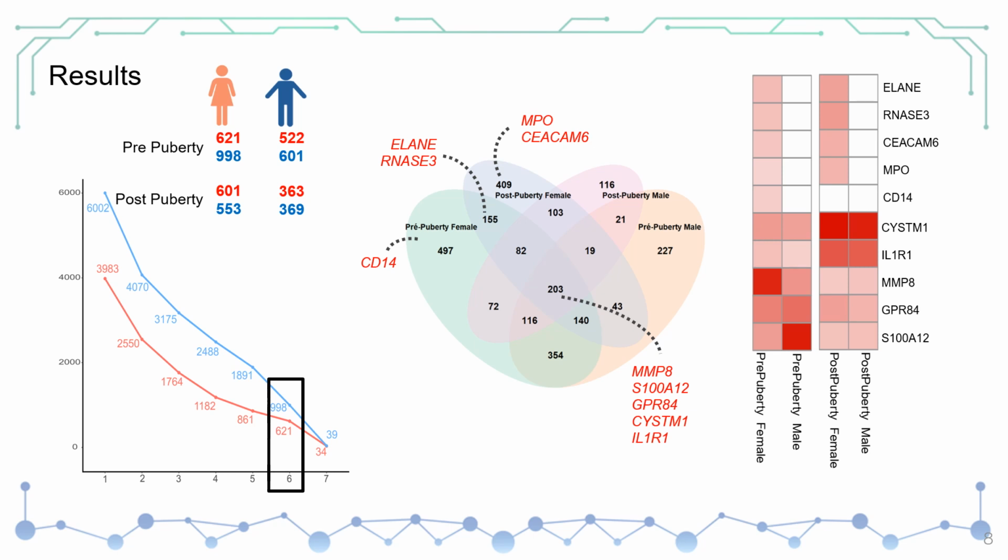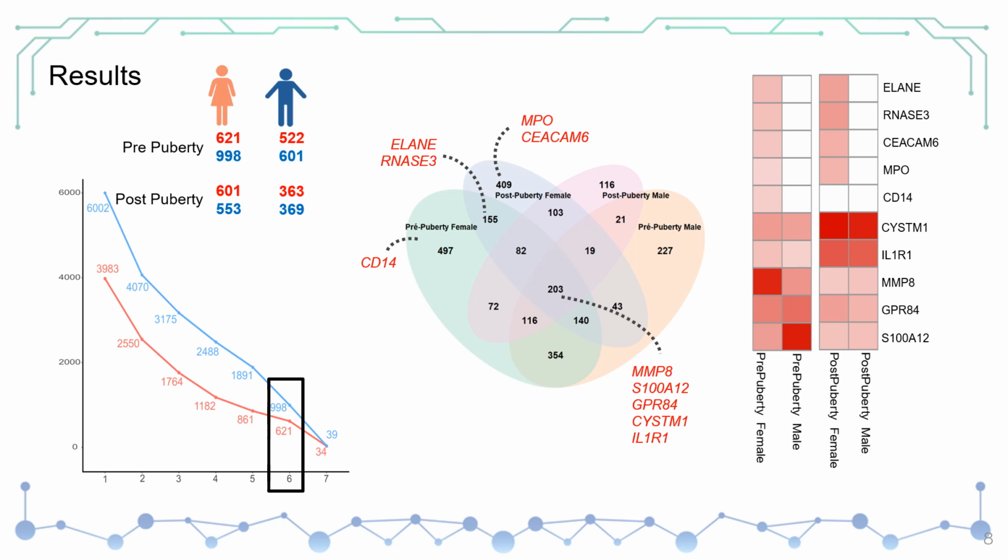We have some genes related to neutrophils, and they appeared expressed only in female groups. But we also have CD14, which is a marker for monocytes, expressed only in children in the female group.